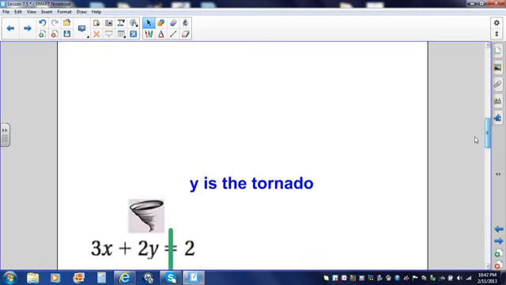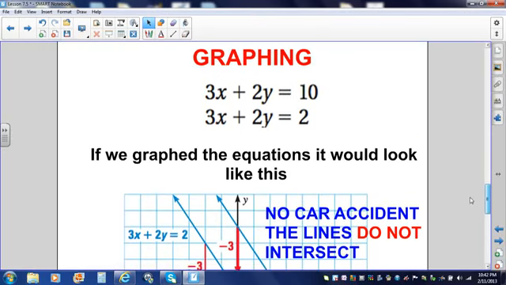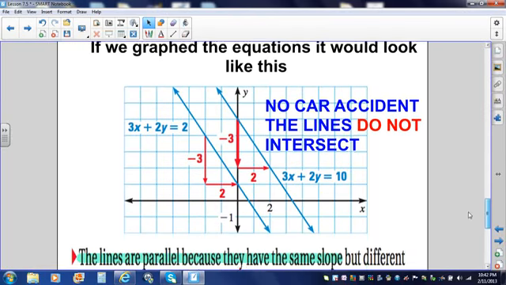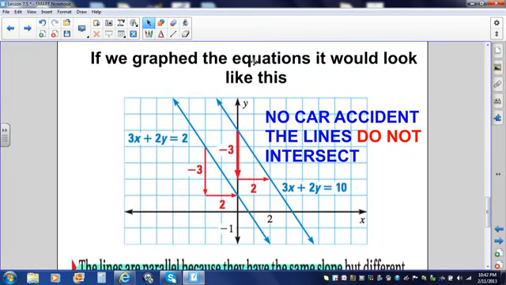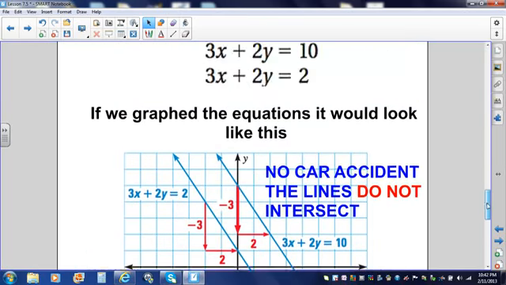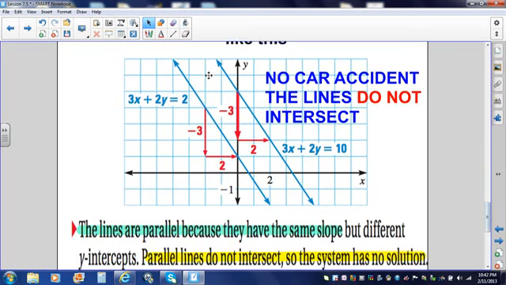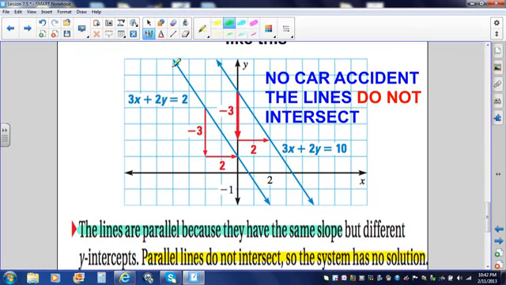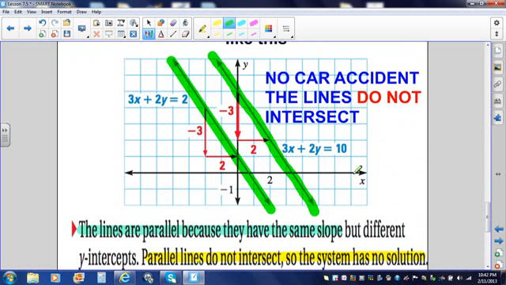If we wanted to, we also could graph them instead of using elimination. Please watch. Do not write this down. If we happen to graph the same equations, notice that they make parallel lines. Parallel lines.